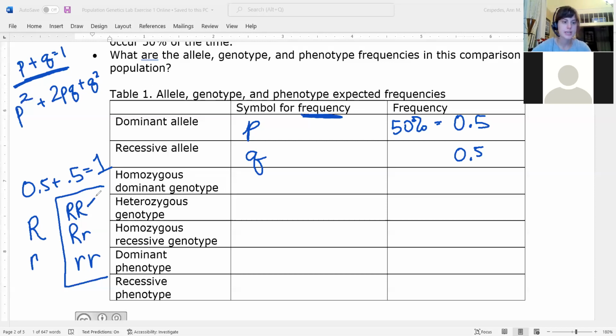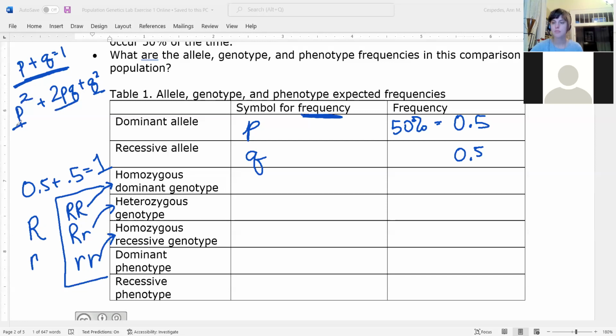So homozygous dominant, that's big R, big R. You have 2 copies of the dominant allele. That's the genotype itself. The frequency is what this equation is about. Then we have the heterozygote, 1 dominant and 1 recessive, and then we have our homozygous recessive genotype.